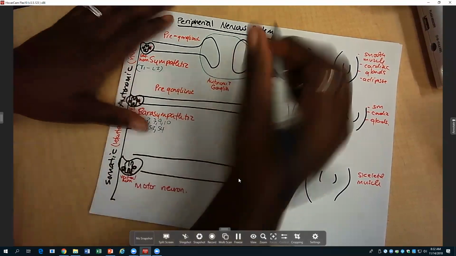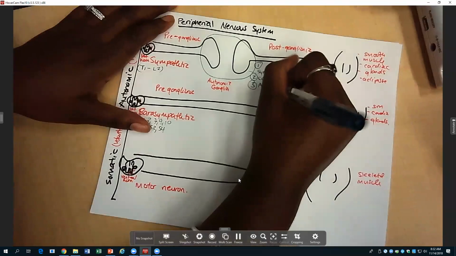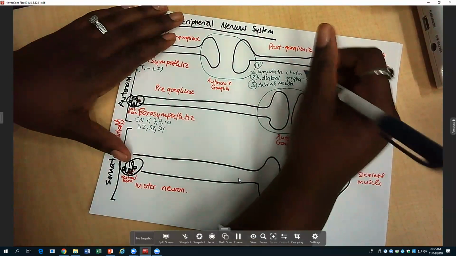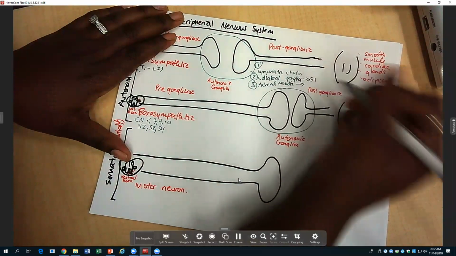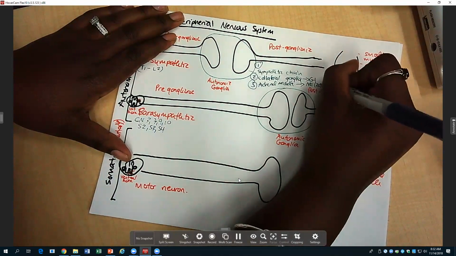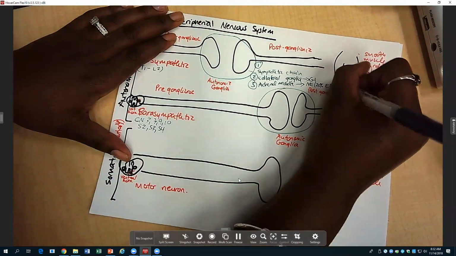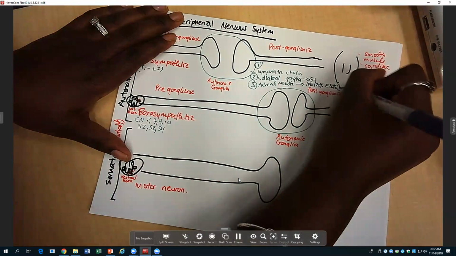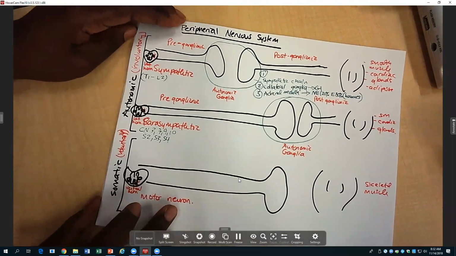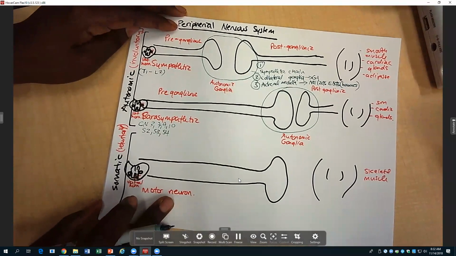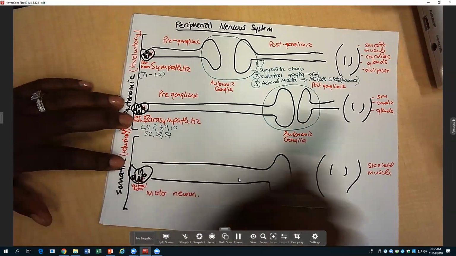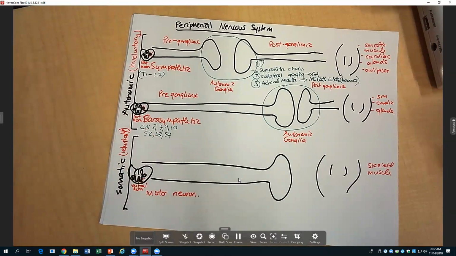The adrenal medulla. And that was going to release norepinephrine, about 20%, epinephrine, about 80%, and those are going to be hormones. Okay. All right. Now the parasympathetic only had one route of communication, right?